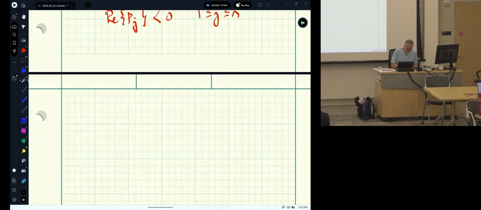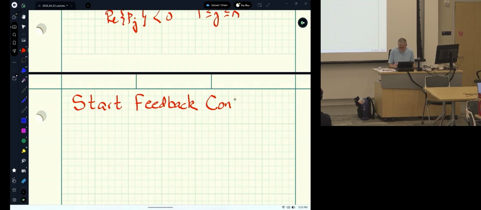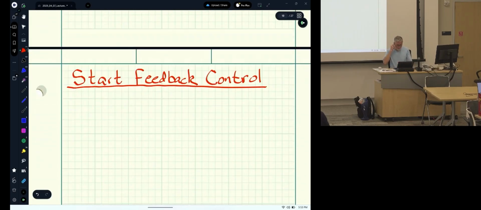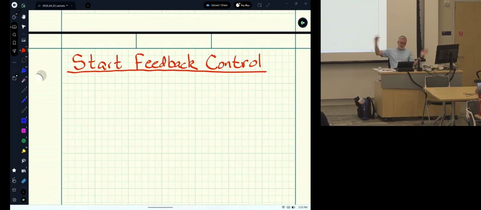Okay, so this is what I wanted to get to. We're going to start feedback control. Laplace transforms are just another way to solve differential equations.